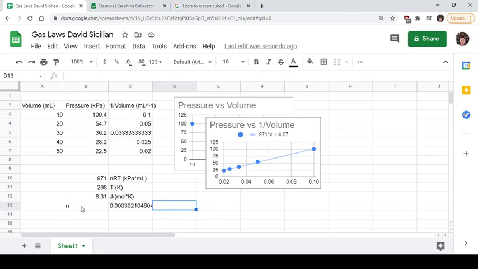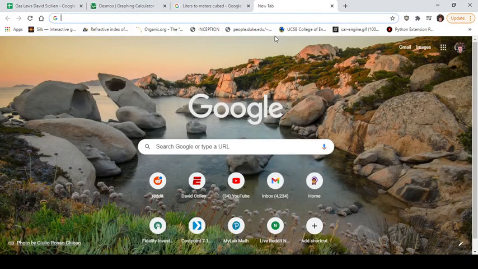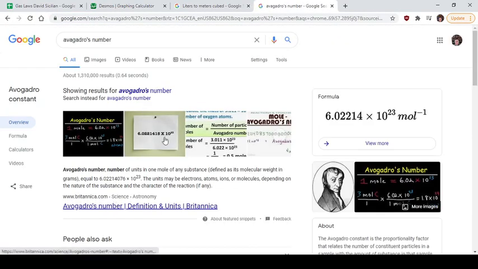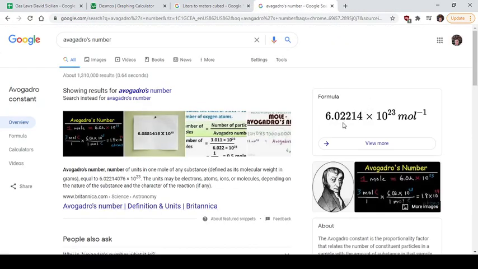All right, and so instead of number of moles, let's change that into how many total air molecules were there. So let's do one last calculation, the number of air molecules. Now to go from moles to molecules, we just need to multiply by Avogadro's number. So let's do a quick Google search of Avogadro's number. It looks like that's 6.022 times 10 to the 23 per mole.